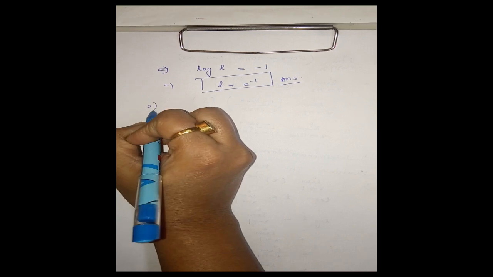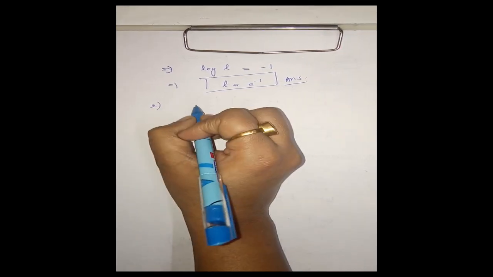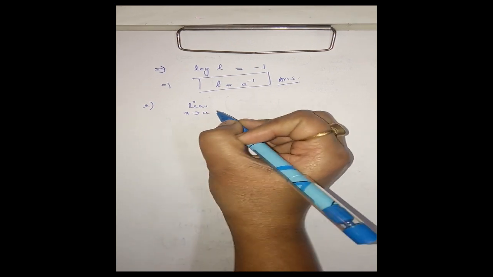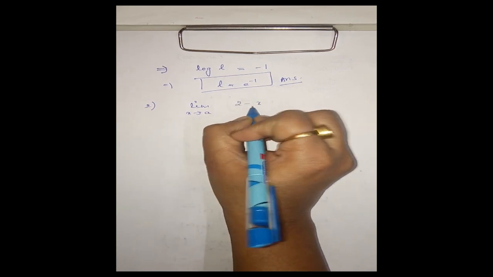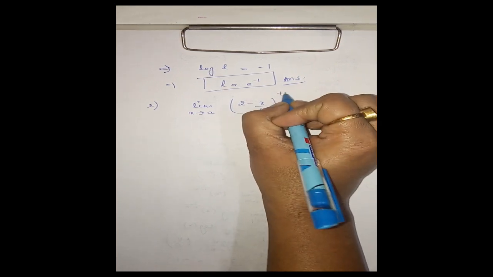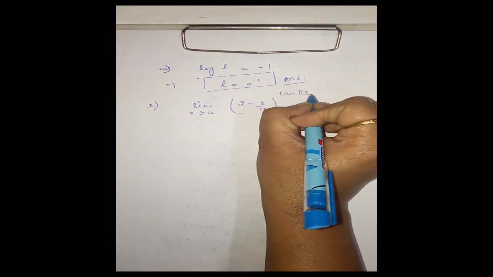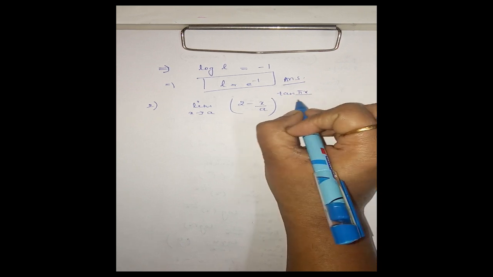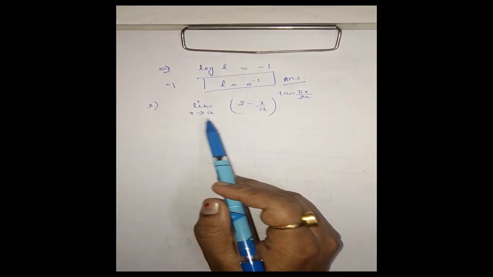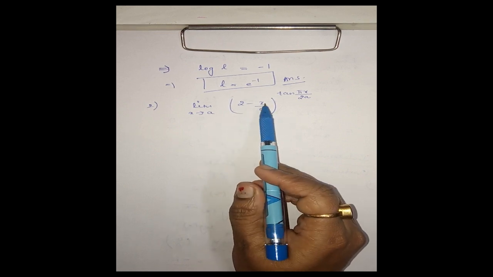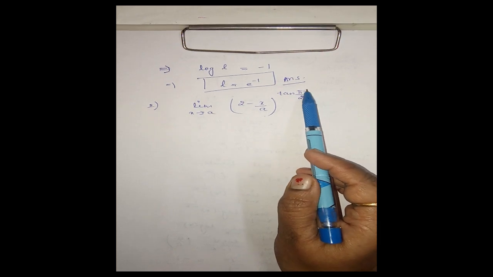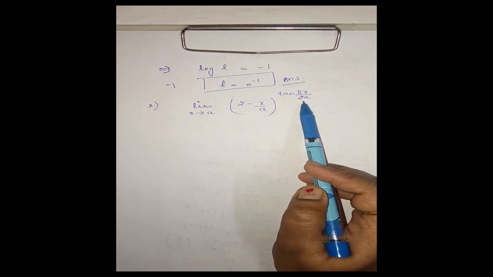Now second problem, to find limit as x tending to a, 2 minus x by a power tan pi x by 2a. Okay, again on taking limit as x tending to a, this will be 2 minus a by a, that is 2 minus 1, that is 1, and here tan pi by 2, that is infinity.